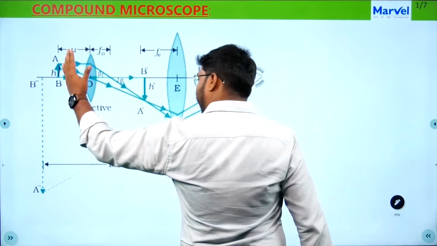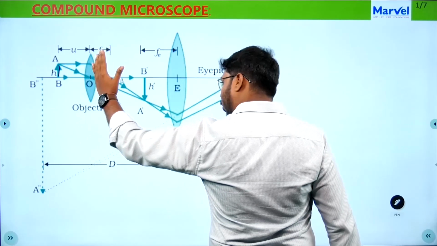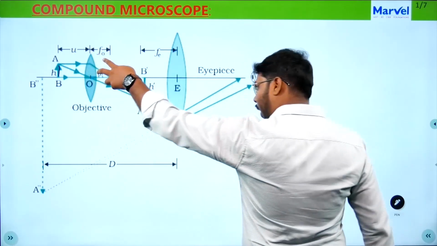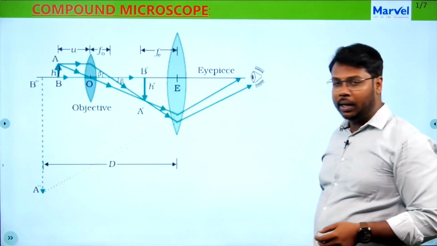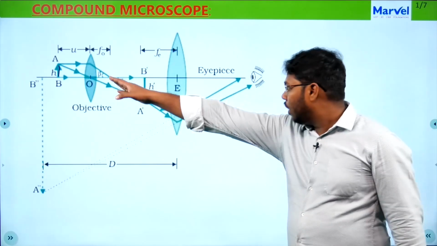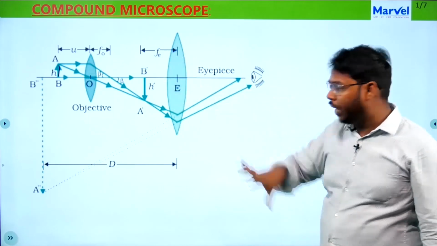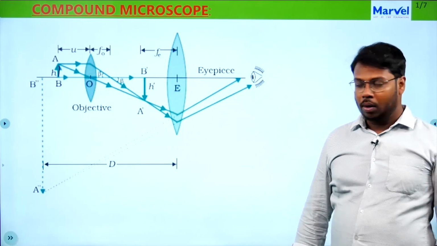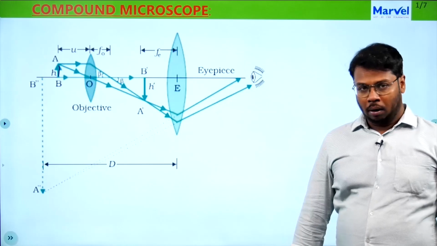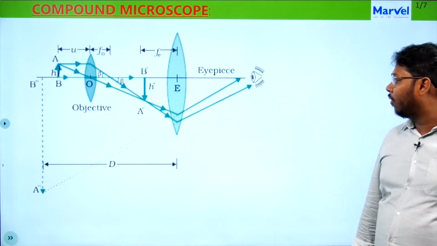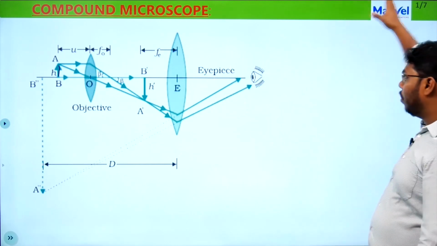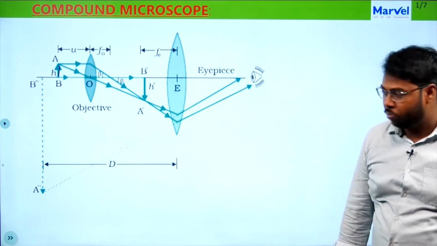The light from the object enters this convex lens and gets refracted from there. It enters into the second convex lens, gets refracted from here, and the image is formed at infinity.